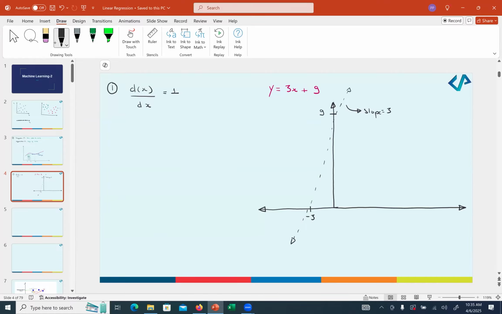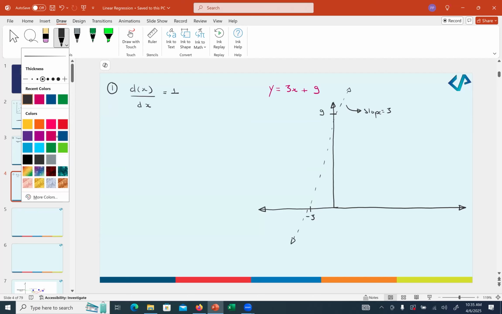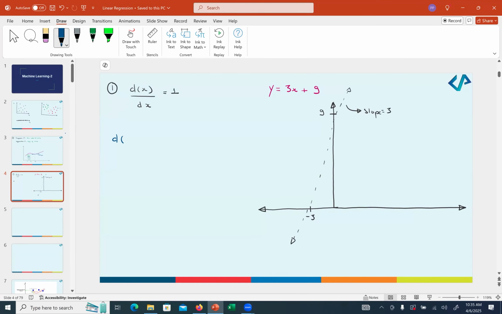So how will we solve it? When I say that differentiation of x with respect to x is equal to 1, let's use that to calculate the slope of this curve. Why do we use differentiation? To find the slope of anything. So we'll say differentiation of y with respect to x, which in this case is differentiation of 3x plus 9 with respect to x, which is nothing but differentiation of 3x with respect to x plus differentiation of 9 with respect to x.